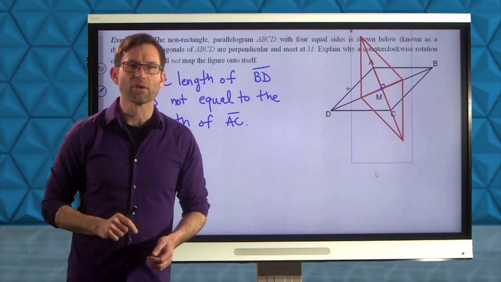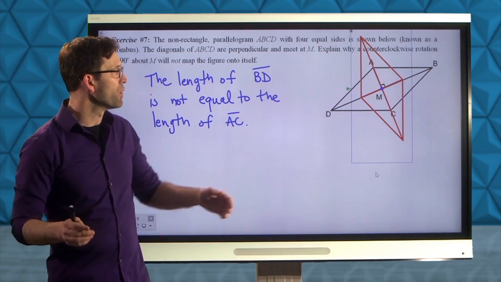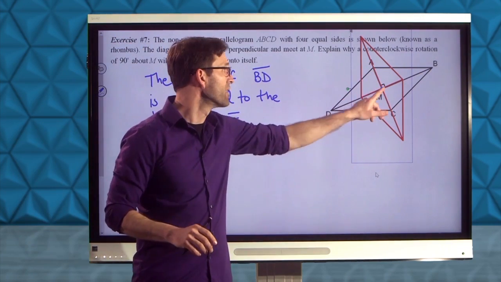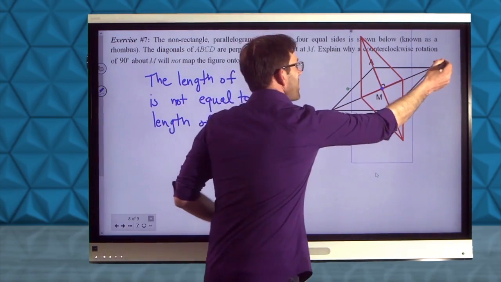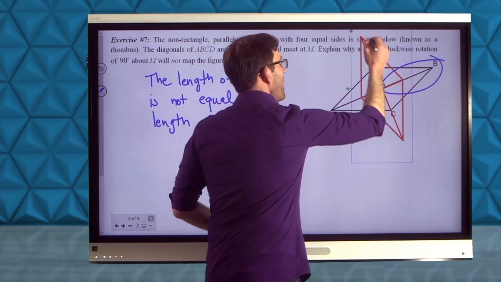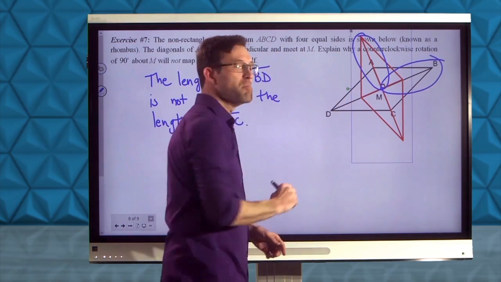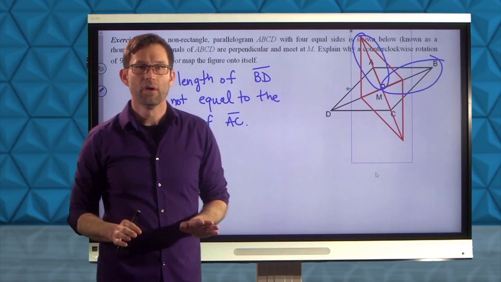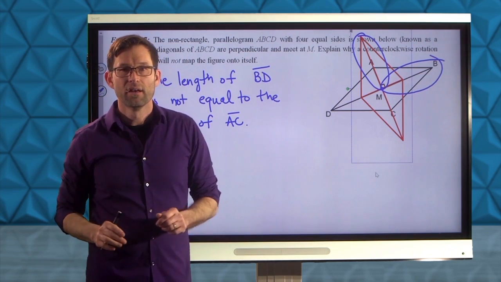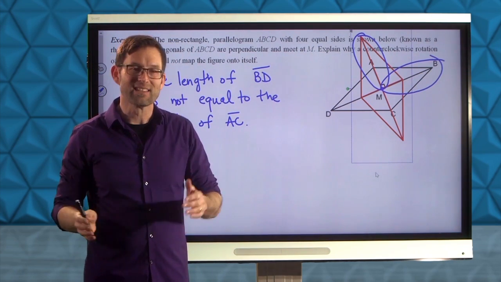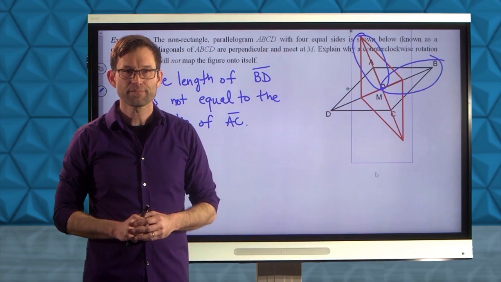Because those two diagonals don't have the same length, if you will, then when I rotate 90 degrees, this line segment, MB, ends up coming up here and missing A altogether, right? It doesn't hit vertex A. It doesn't get mapped onto itself.